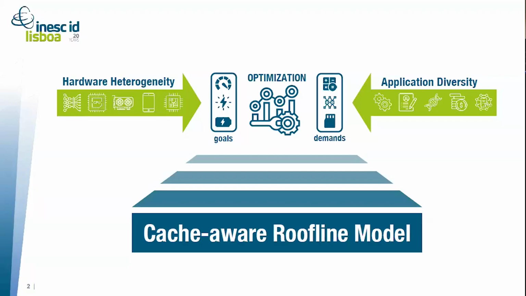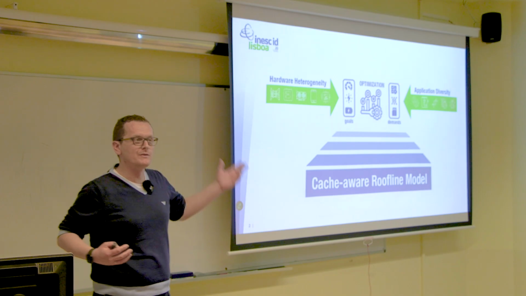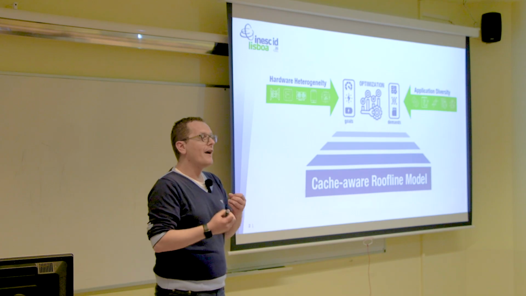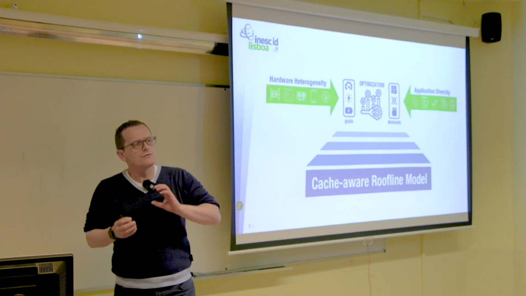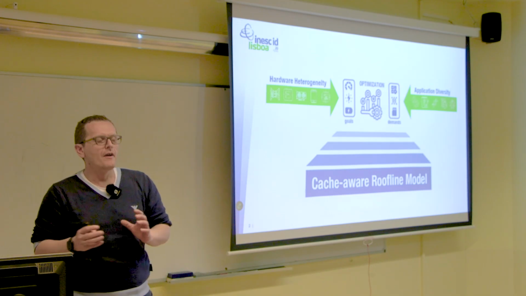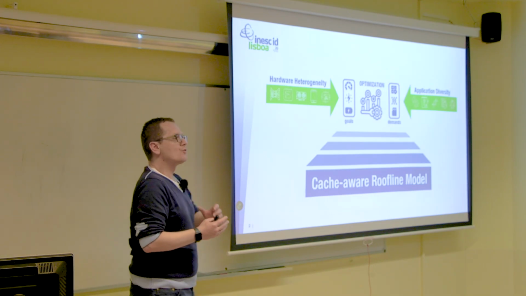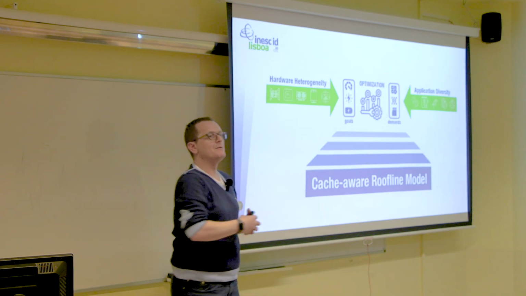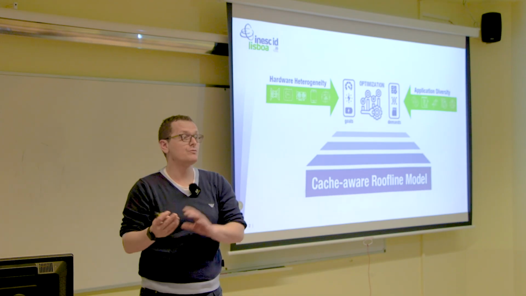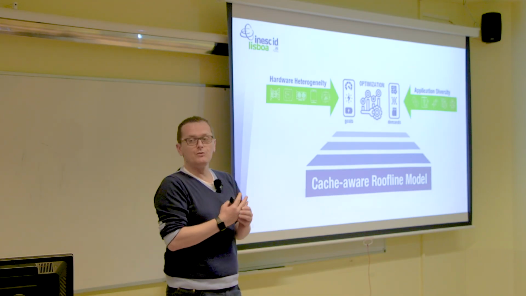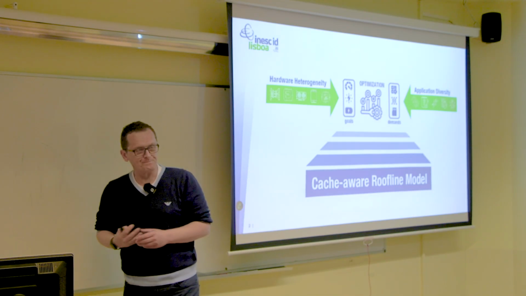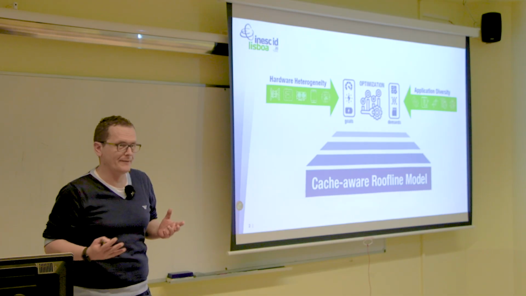Is where I am now the best I can get? Or how far should I go to reach the maximum of this platform? These are the answers the roofline might give you. It will also give you hints: you're here, maybe from this point on you should invest more in this type of optimization or that type, which is good because it reduces the space in which you are going to optimize, and changes the way you look at the system as well.